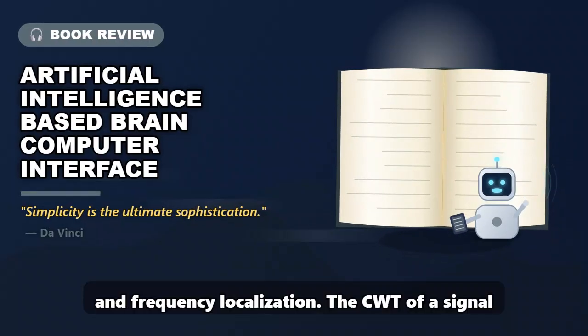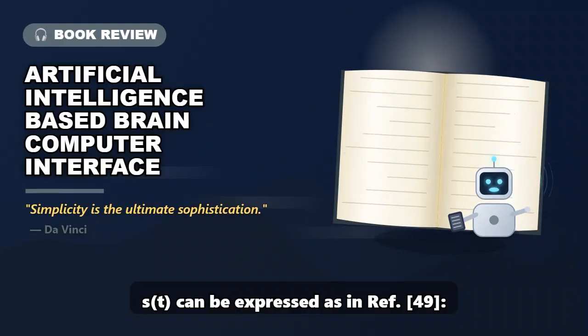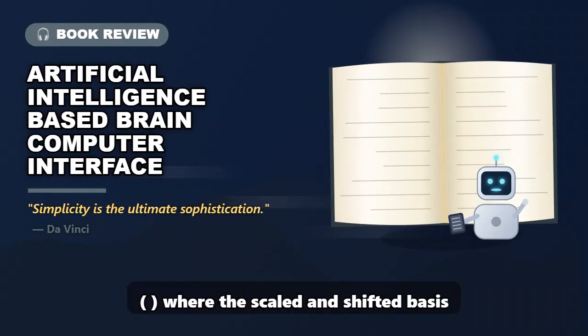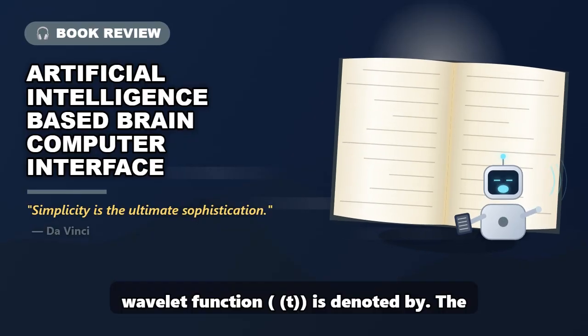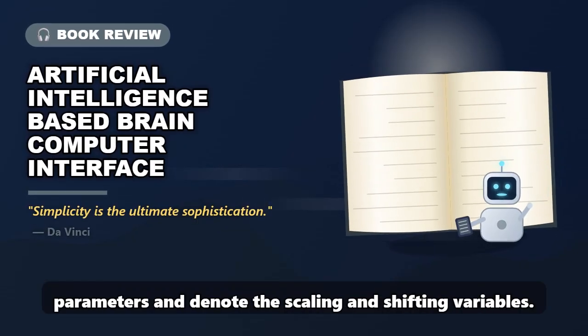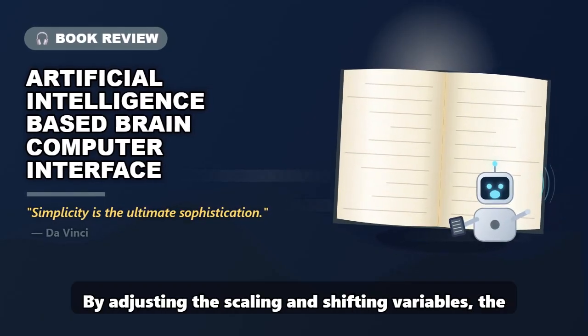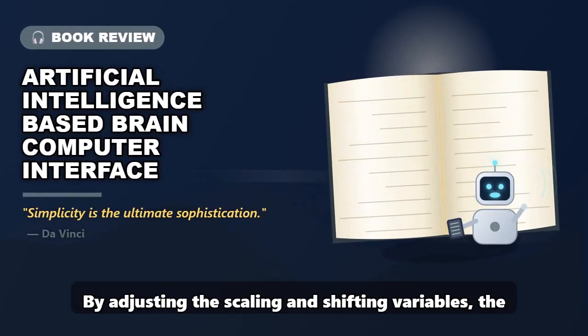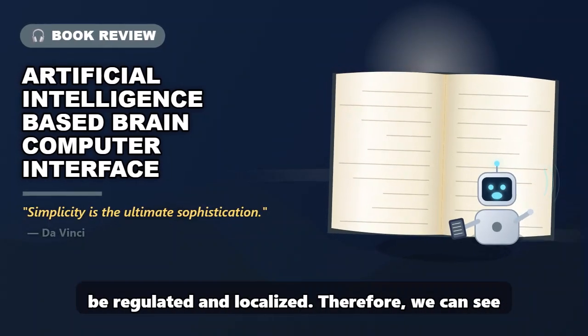The CWT of a signal S(t) can be expressed as in Ref. 49, where the scaled and shifted basis wavelet function is denoted by the parameters, which denote the scaling and shifting variables. By adjusting the scaling and shifting variables, the spread and the shift of time domain signals can be regulated and localized.